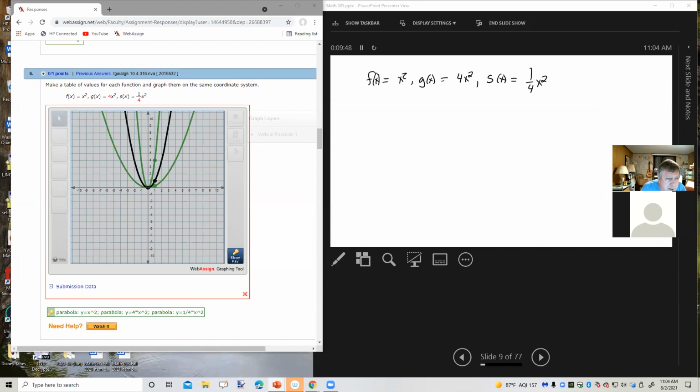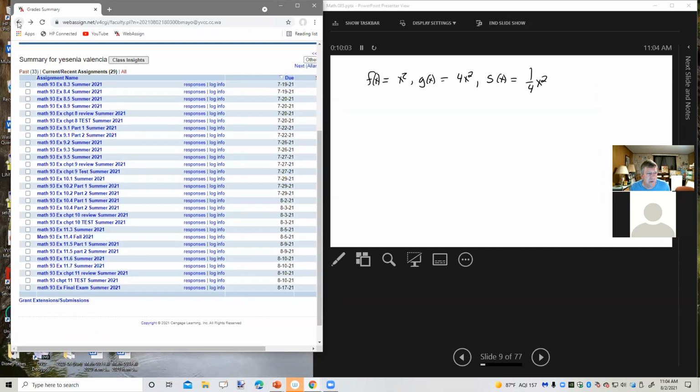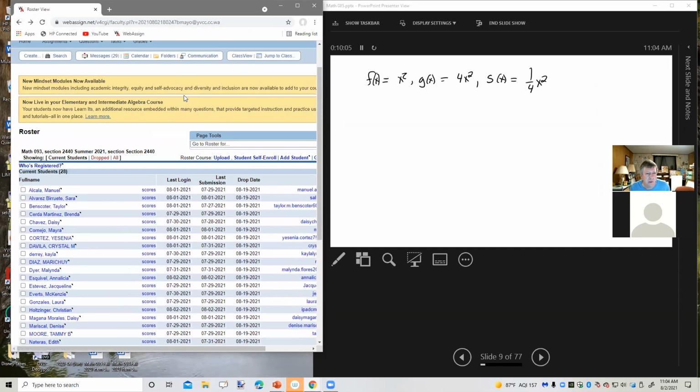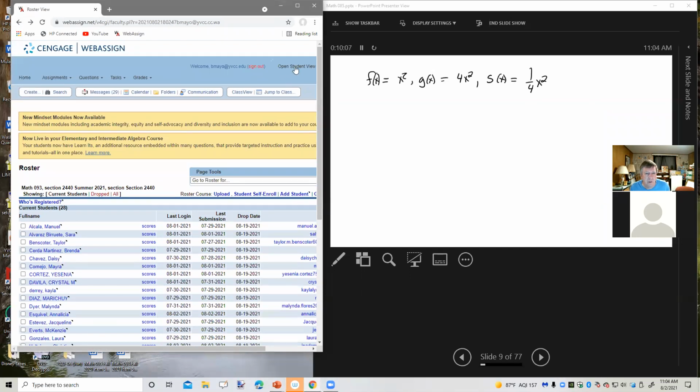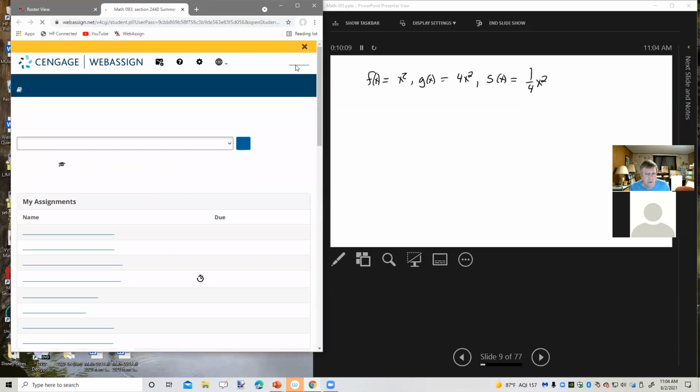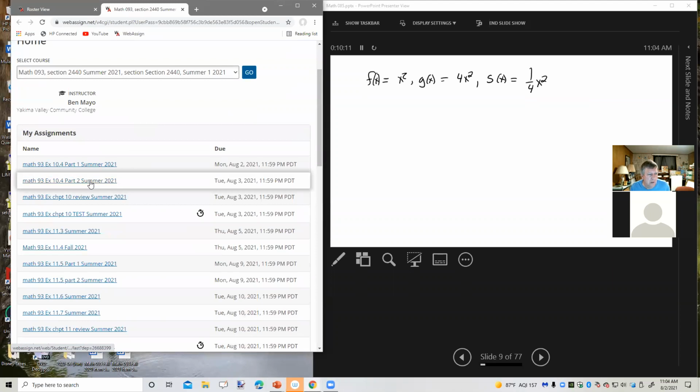Okay, so make a table of values for each function, graph them in the same coordinate system. So you're supposed to graph f of x equals x squared, 4x squared, 1. Okay, all right. So let's do this. This was 10.4 part 1.